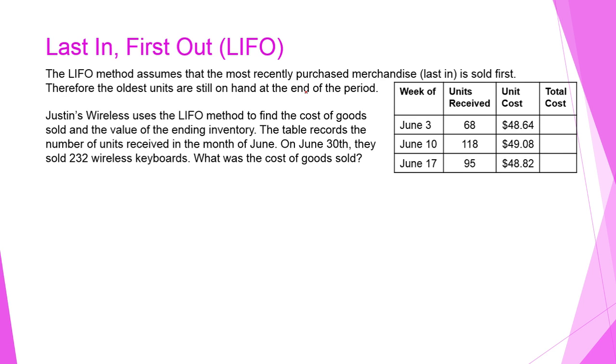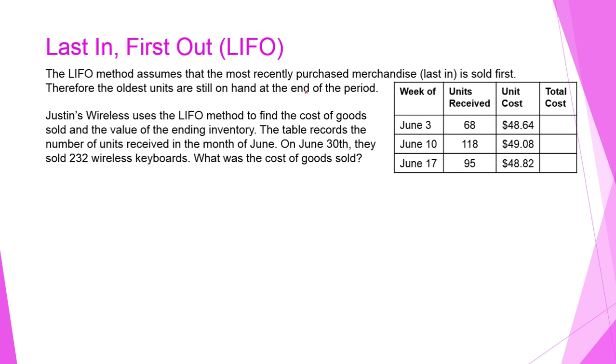So I should have done this earlier, but I'm going to do it now really quick, just to give you a visual of it. Like if you were a person who stocks products, let's say for Fry's, and you're stocking milk cartons. LIFO, last in, first out, means when you are stocking, you're stocking from the front.